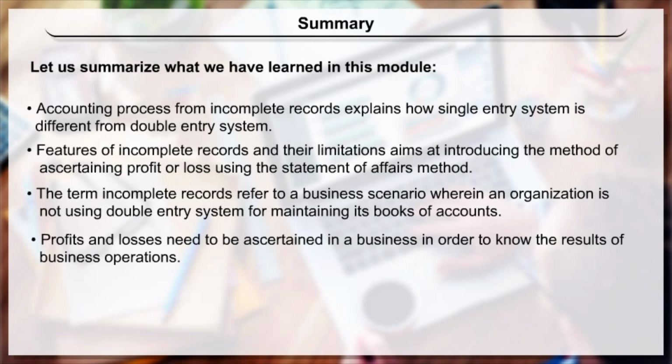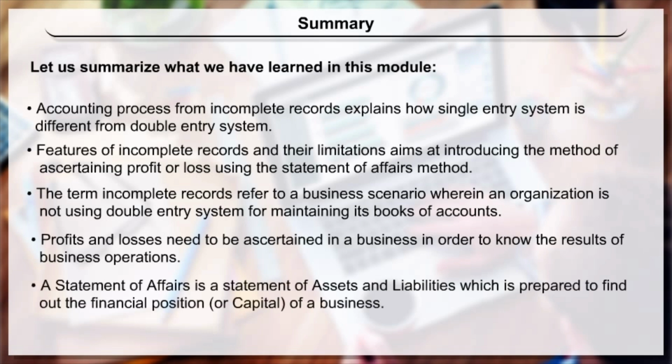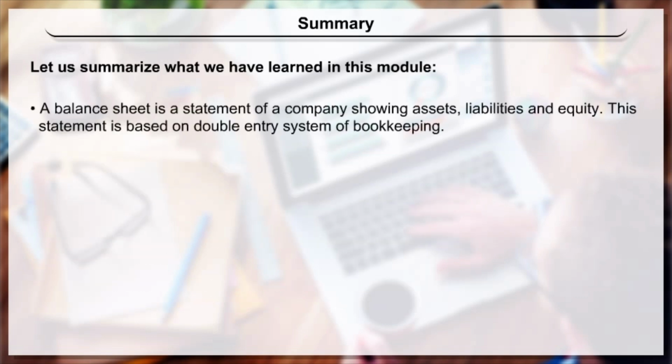Profits and losses need to be ascertained in a business in order to know the results of business operations. A statement of affairs is a statement of assets and liabilities which is prepared to find out the financial position or capital of a business. A balance sheet is a statement of a company showing assets, liabilities and equity.